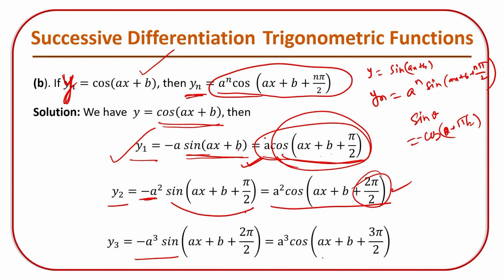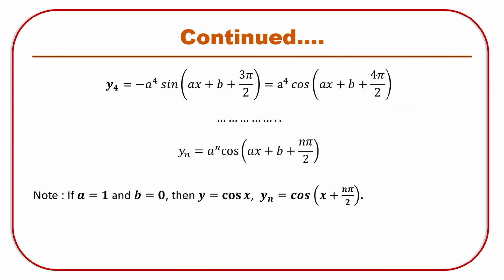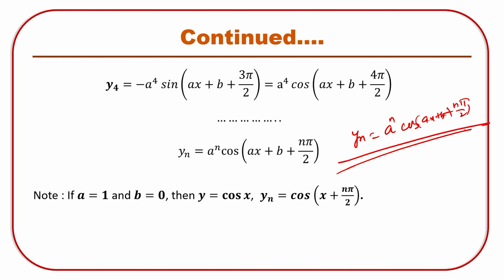Similarly, y3 and y4 and then yn. So yn becomes a^n cos(ax + b + nπ/2), right? This is your answer when y equal to cos(ax+b). And putting a equal to 1 and b equal to 0, that means if y equal to cos x, yn becomes cos(x + nπ/2).